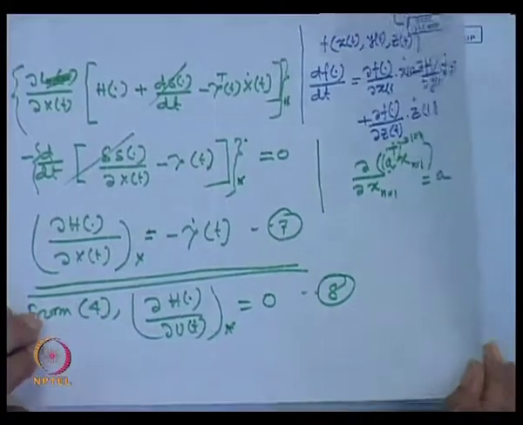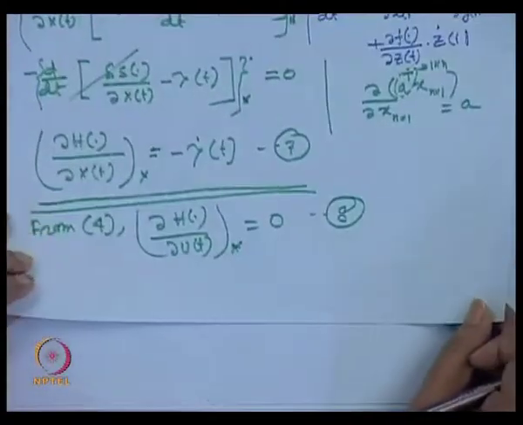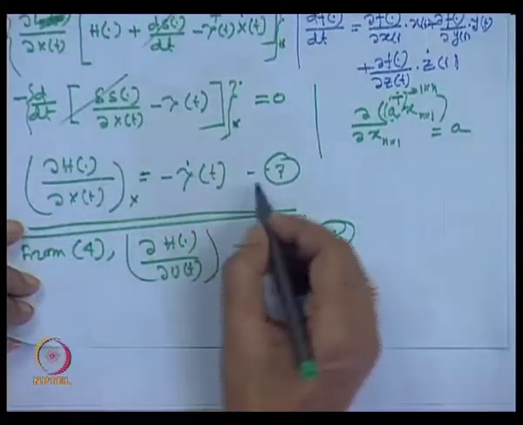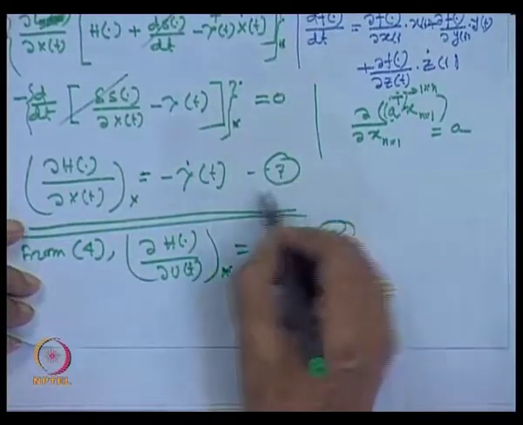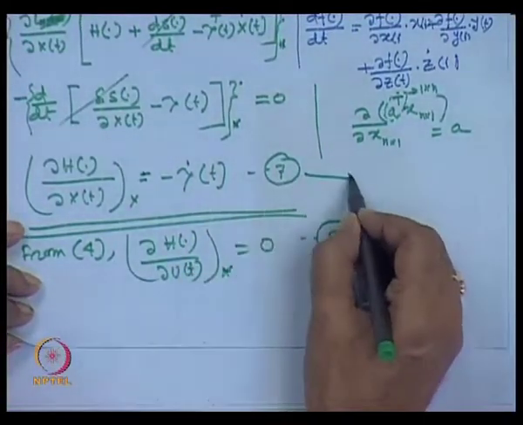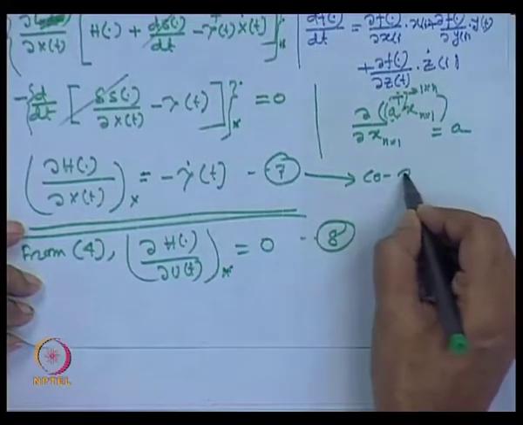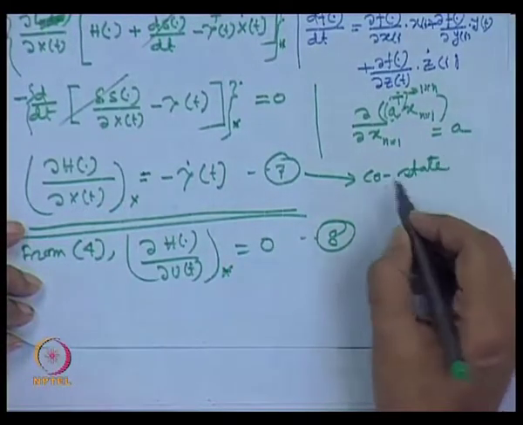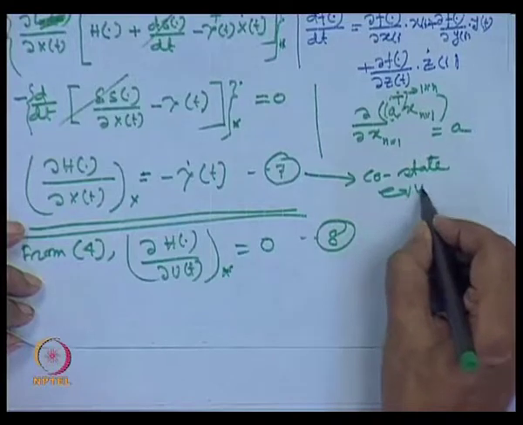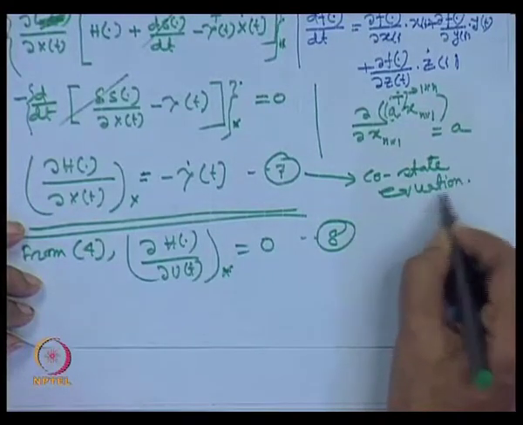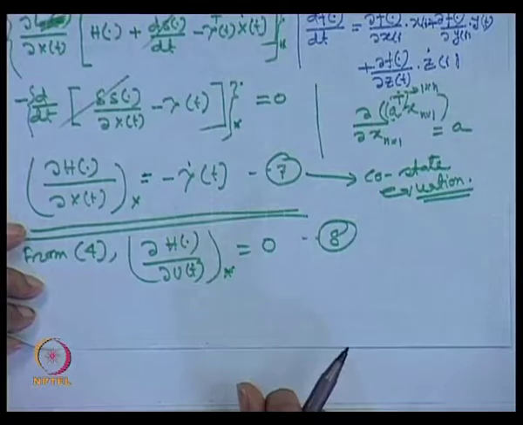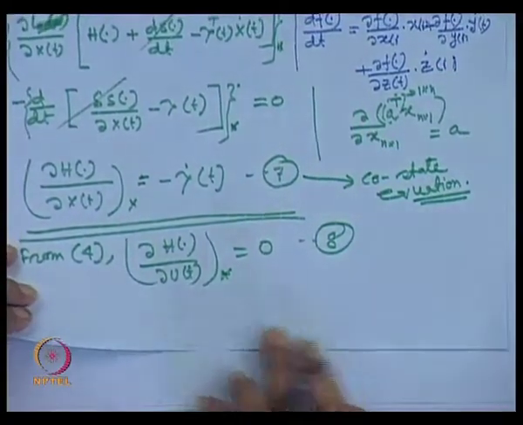Again, another expression: the equation number 7 is called the co-state equation. Agree? So this is the co-state equation.